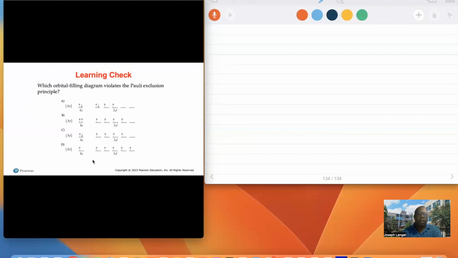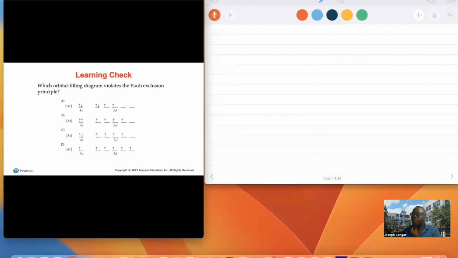So if I look at C, this is correct, right? Which one violates Pauli's exclusion principle? Yeah, we are looking at it.